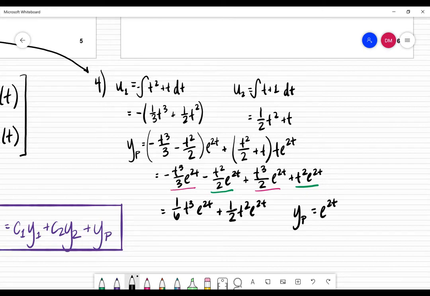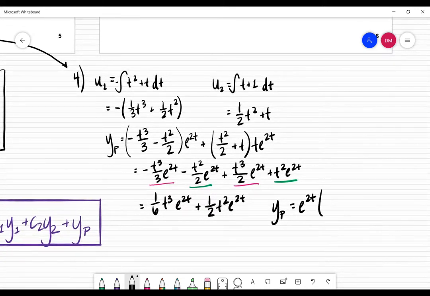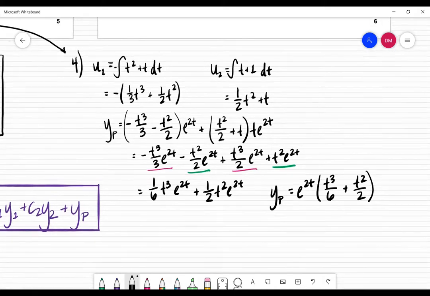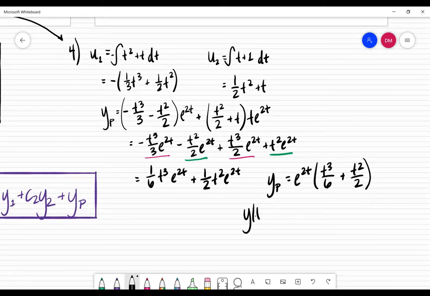But usually I like to pull out the exponential piece and then just leave the rest of it like this for y sub p. And then go ahead and plug all of that into our general solution here for y of t, bringing back our homogeneous portion of that solution.